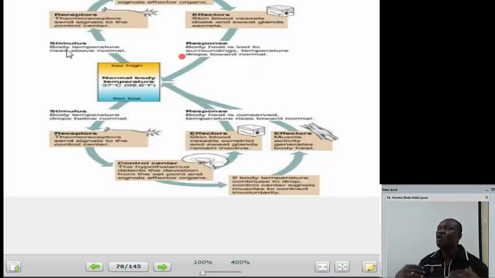So if it goes above the set point, this is detected, and the beta cells of the pancreas will produce insulin. Insulin will make the cells permeable, and glucose will be taken out of the blood into the cells. And this would ensure that the blood sugar is maintained constant.